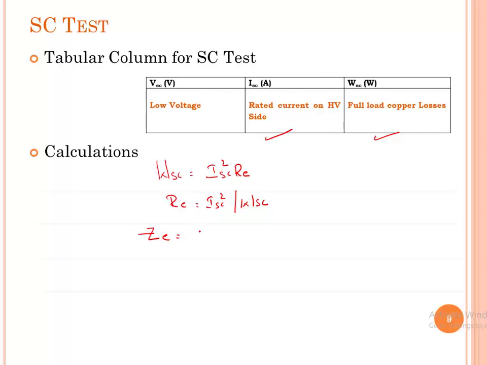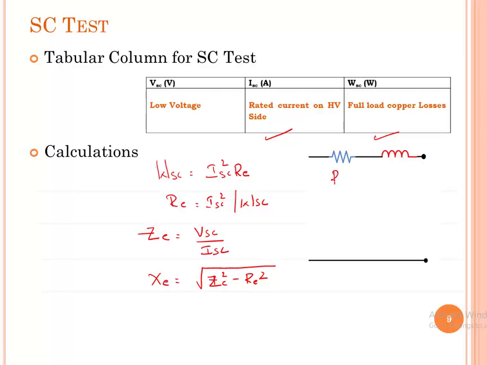Z equivalent is equal to VSC divided by ISC. After getting Z equivalent, get the equivalent reactance. Equivalent reactance XE is equal to square root of ZE square minus RE square. Now this is the equivalent circuit RE and this is the equivalent reactance XE.